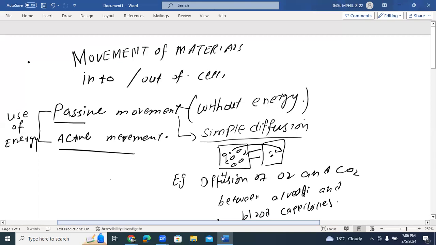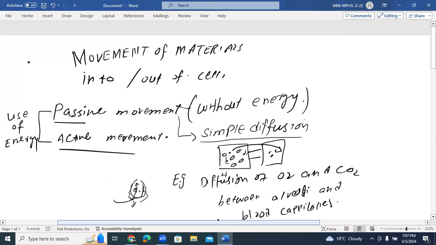So there you have alveoli, a sac-like structure surrounded by capillaries, and the oxygen which is present here will move towards the capillaries. Why? Because the concentration is higher here and lower in the capillaries. From there, it will go to the blood vessels to oxygenate the tissues, and so forth.